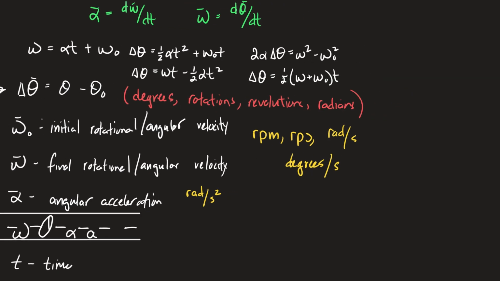So we just observed that thing spinning. Let's see, delta theta was 6 rotations. Omega naught was 0. Omega final was unknown. Alpha is unknown, but it seems like it took about 12.8 seconds to get there.